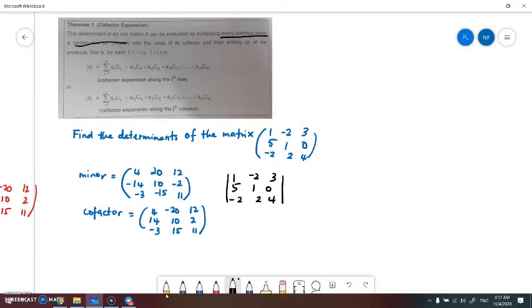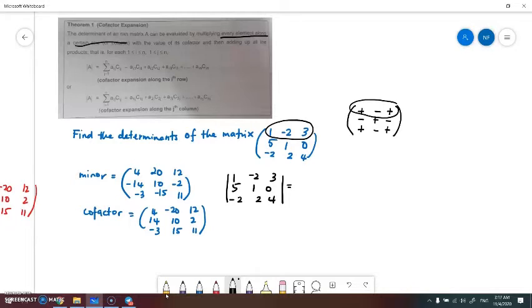If I want to use the first row, you just have to be careful with the sign, positive, negative, positive. You just have to follow this. So we take the first row, positive, negative, positive. We hold that first.